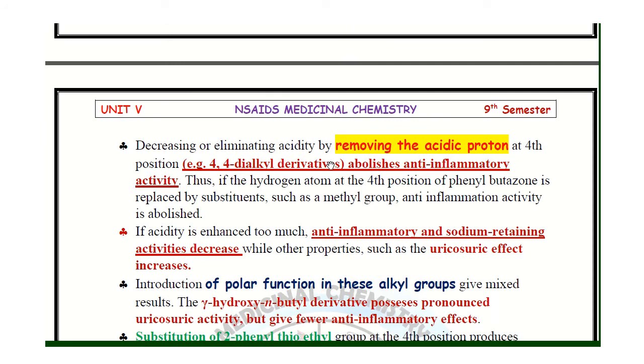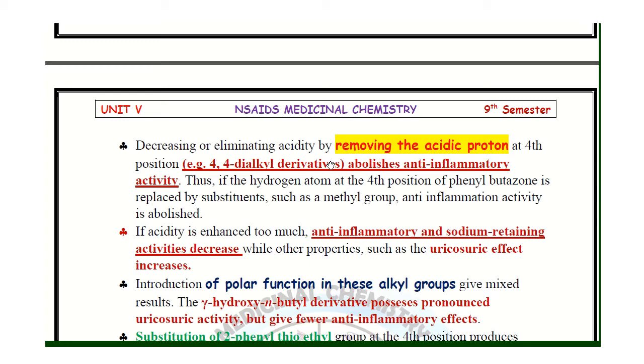What happens if we remove the acidic proton? If we remove the acidic proton at the 4th position, that is the 4,4-dialkyl derivative, this will abolish or completely eliminate the anti-inflammatory effect. So this 4th position proton is important in maintaining the anti-inflammatory characteristics.